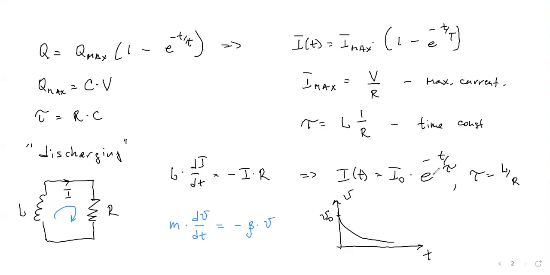So interesting that in this case the resistance plays the role of a friction coefficient. And also, if you talk about energy conservation, when a particle is slowing down due to air friction, air drag force, you lose kinetic energy into air, basically. You make air move around.